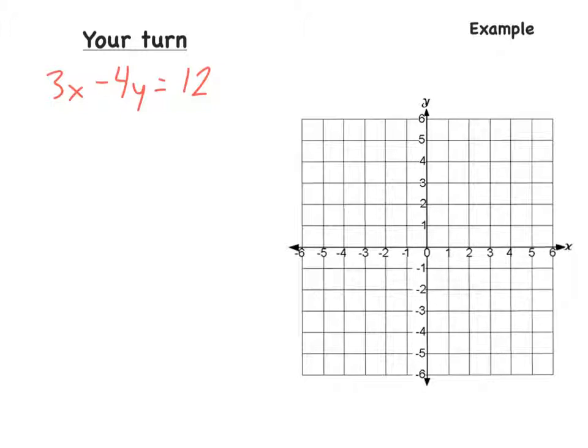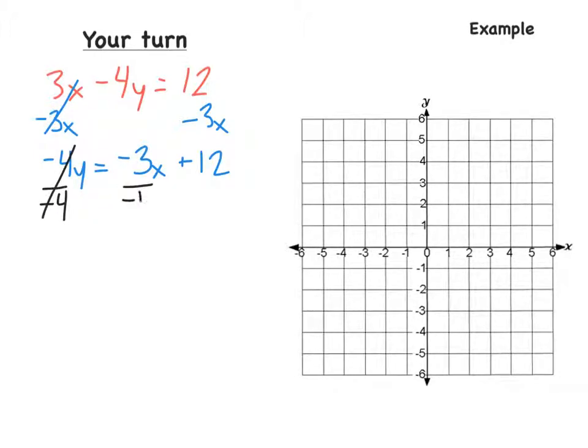Alright, first step. Remember, we have to get y by itself, so I'll move this 3x over to the right side. We'll be subtracting 3x, so that cancels out. All we have left on the left side is a negative 4y is equal to negative 3x plus 12. Now we need to get y by itself. Divide by negative 4.